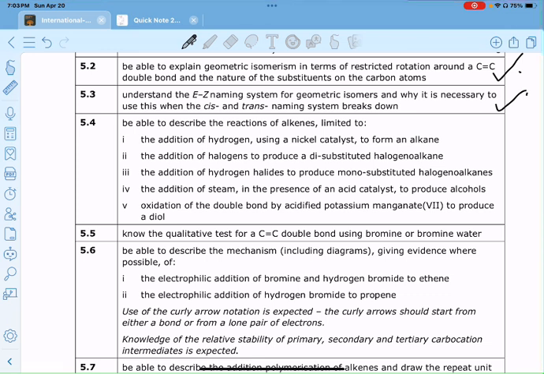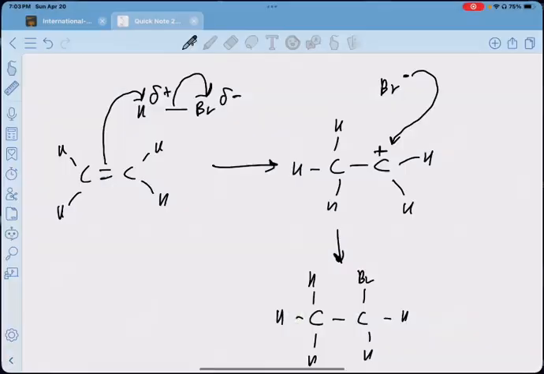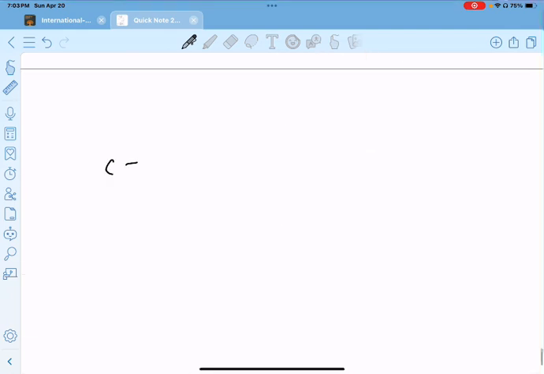The next part, addition of steam in the presence of an acid catalyst to produce alcohol. It's literally written here, okay? When you add an alkene in the presence of steam, which is basically H2O in gaseous form, okay? So H2O. Let's just draw this better.